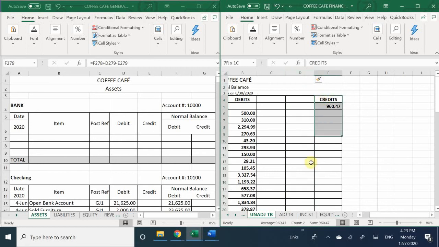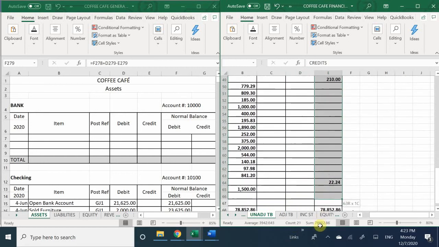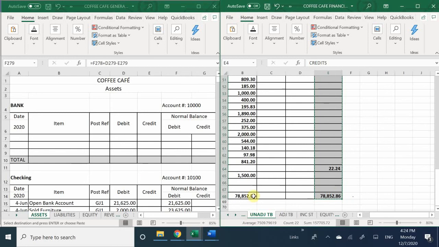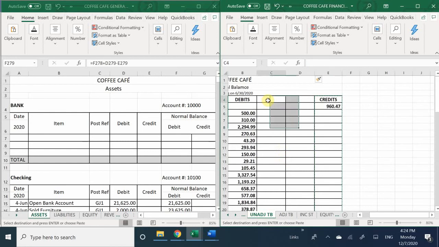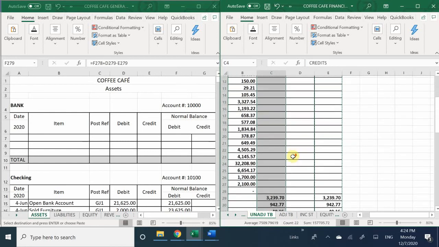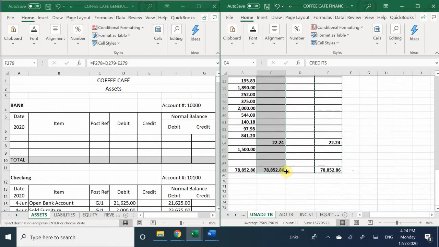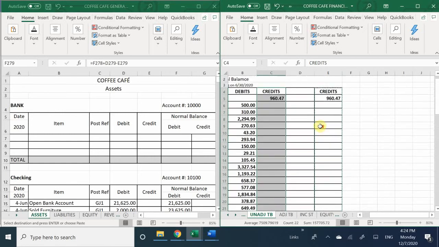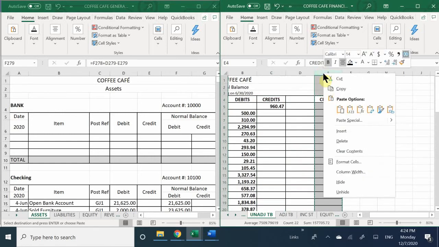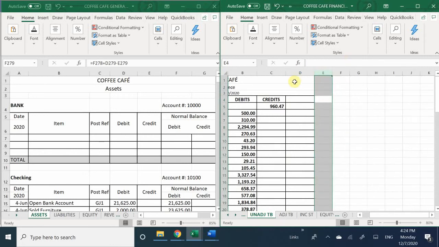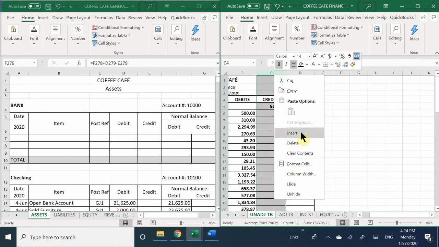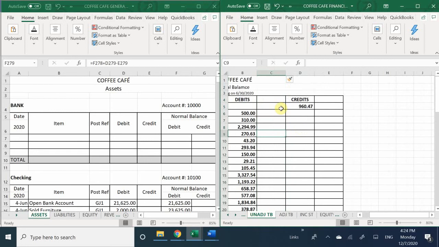Why does it? Oh no. What happened? I took everything and pasted it in one cell.